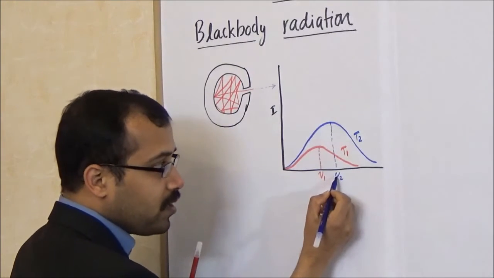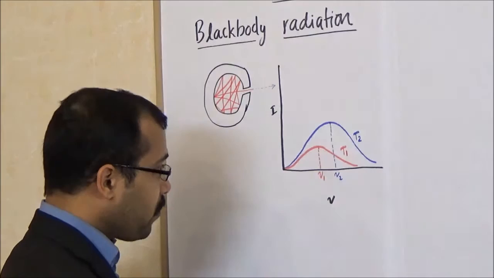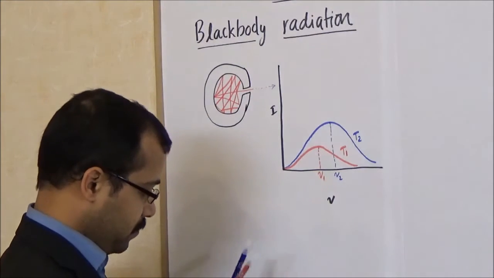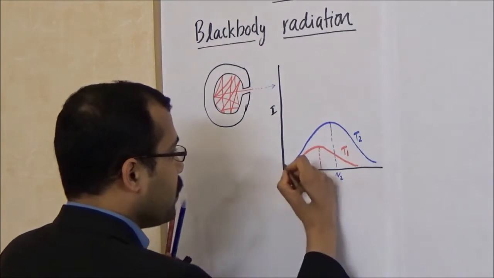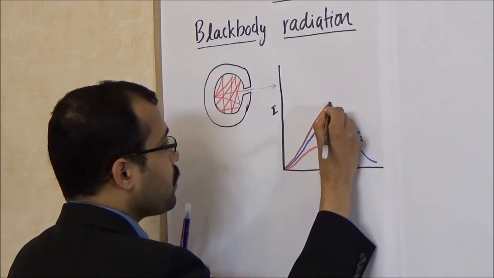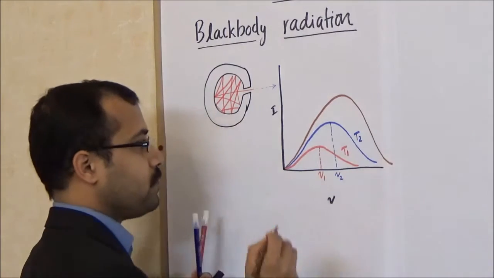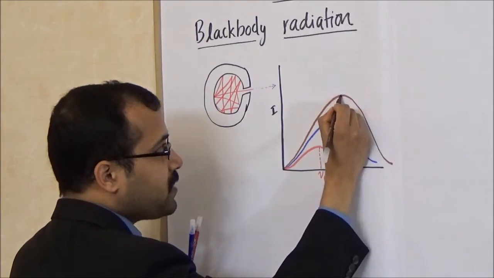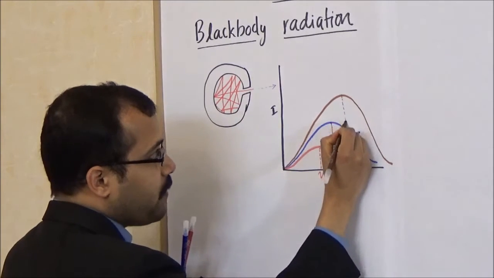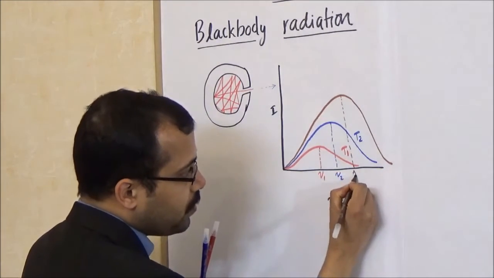And we can see that nu2 is greater than nu1. And for another temperature T3, this is the plot, and this is the maximum intensity, and this maximum intensity corresponds to the frequency nu3.